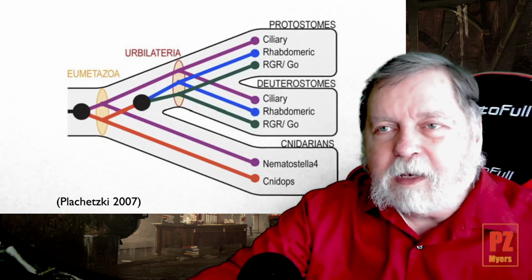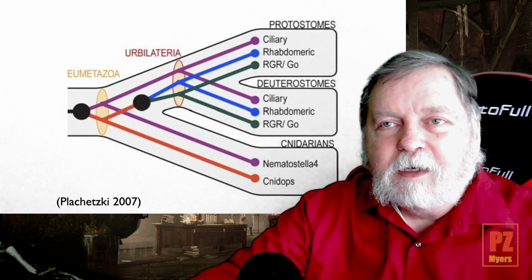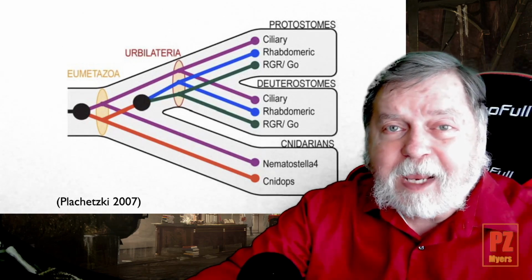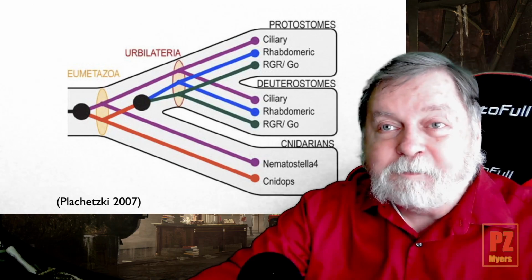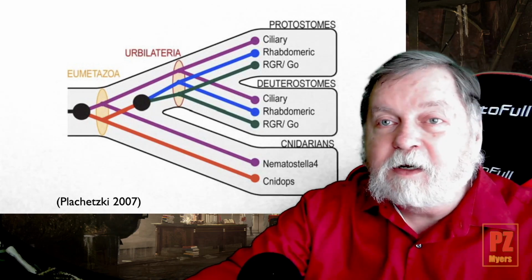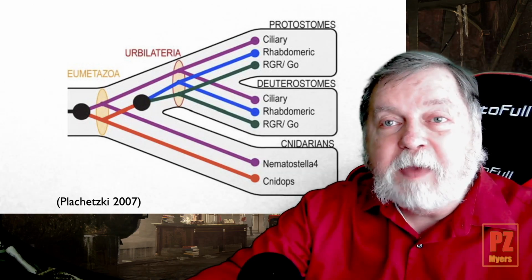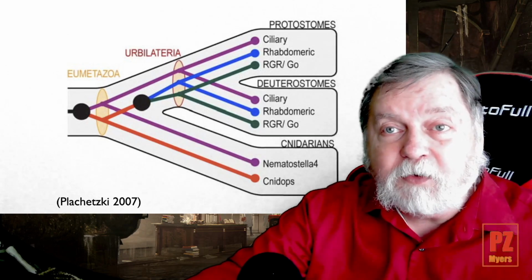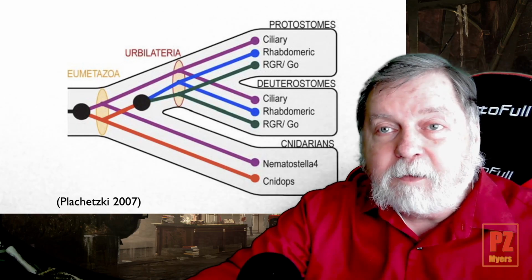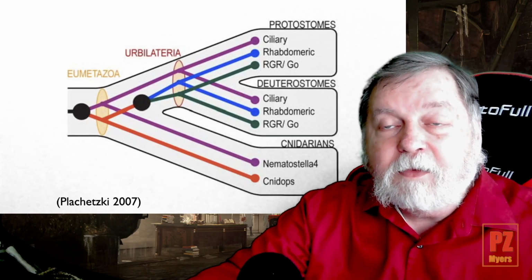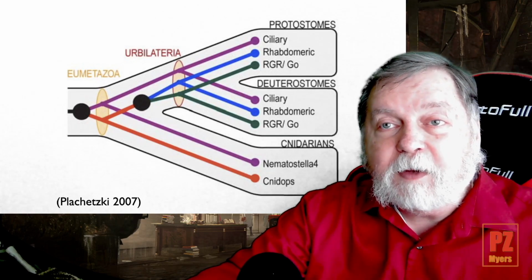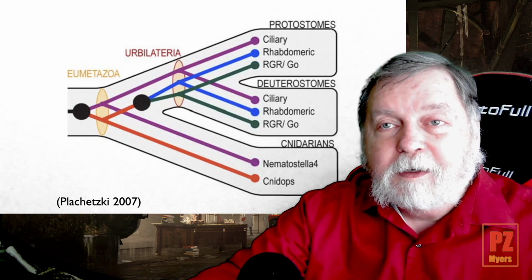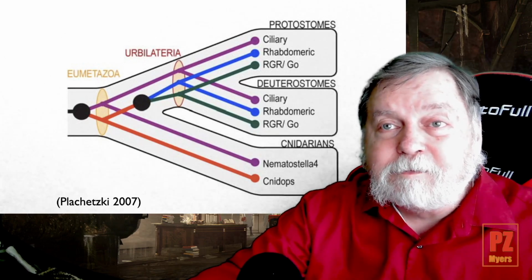And again, don't worry about the RGRs. I'm trying to simplify as much as I can. Anyway, if we trace this back to the eumetazoa, the true multicellular animals, they're back in here, and they would have had two kinds of photoreceptors right from the very beginning.